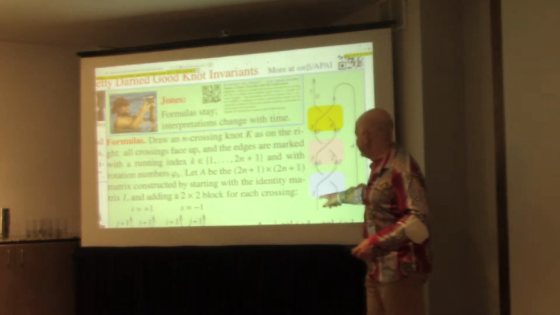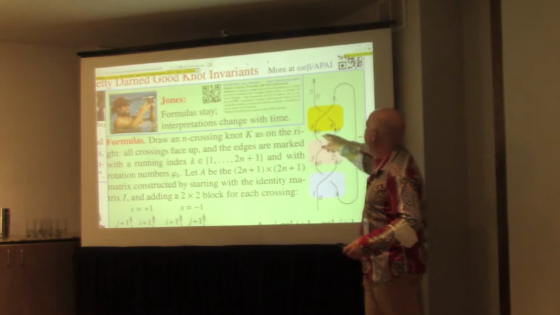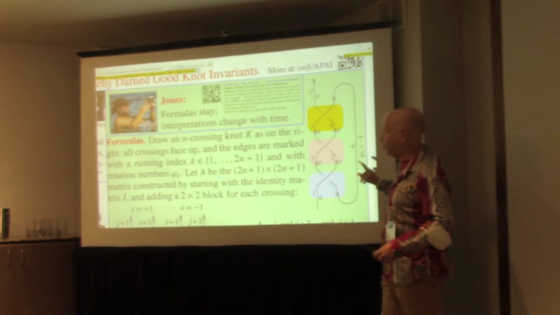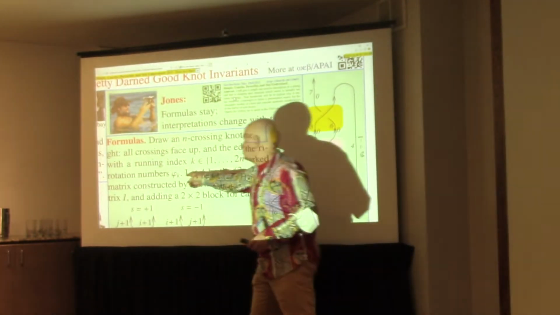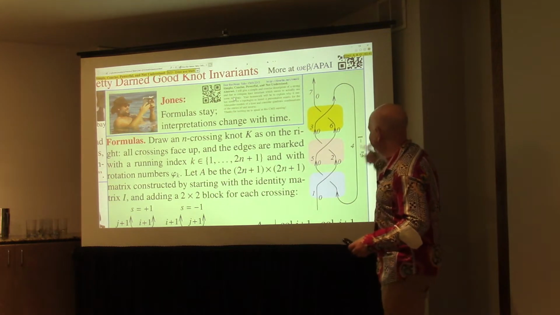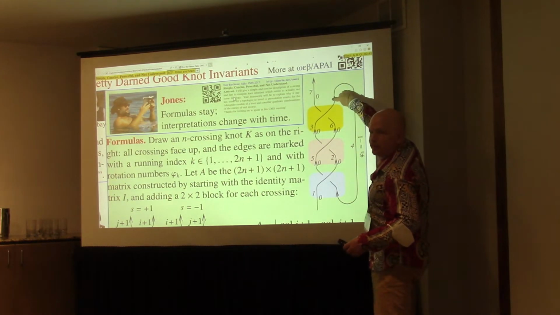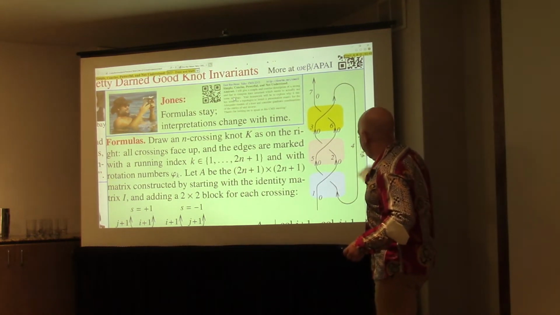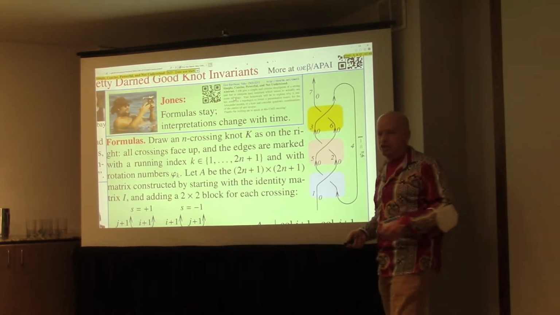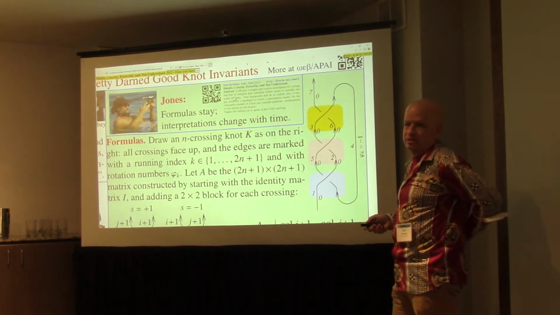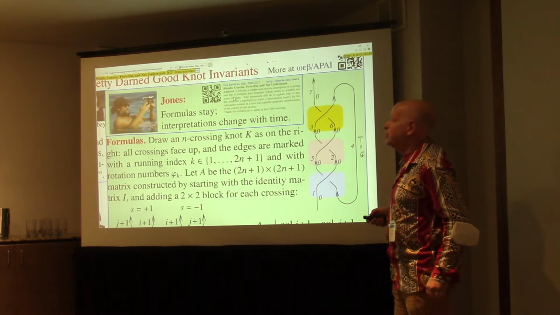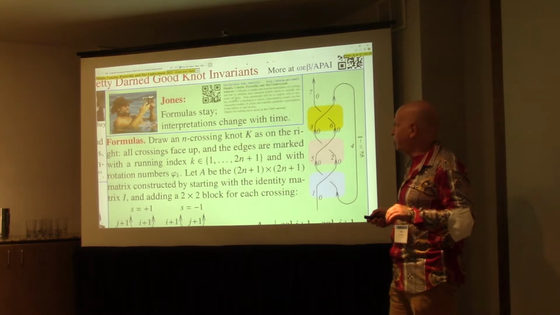For this edge it's 0, and for all of them it's 0 except for edge number 4. You define this rotation number for edge number k to be phi k. So phi 4 is -1, because edge number 4 starts pointing up, ends pointing up, but in between does one rotation in the clockwise direction. So -1.